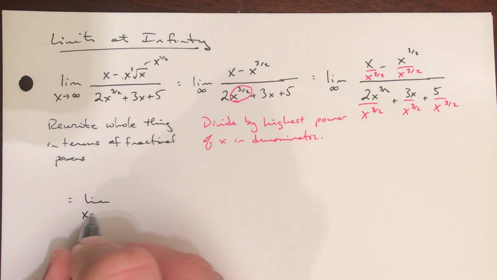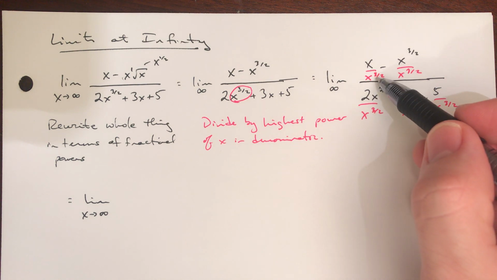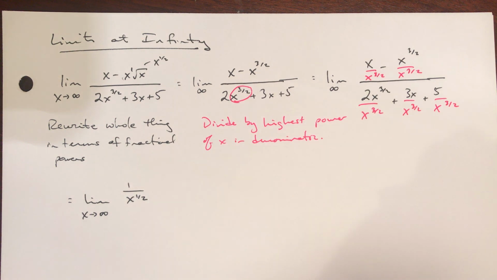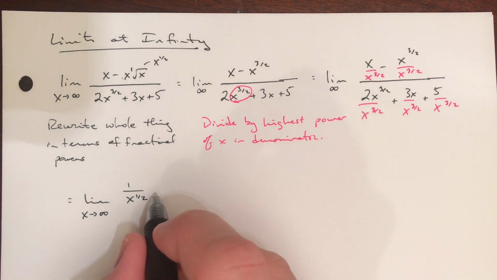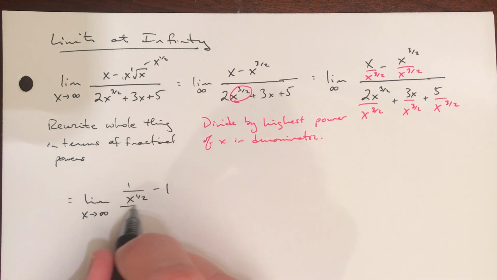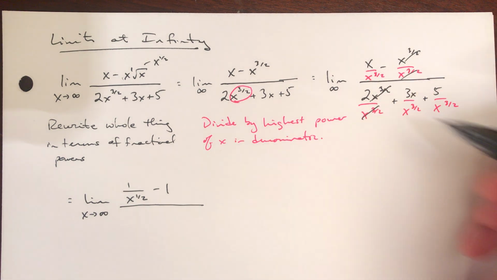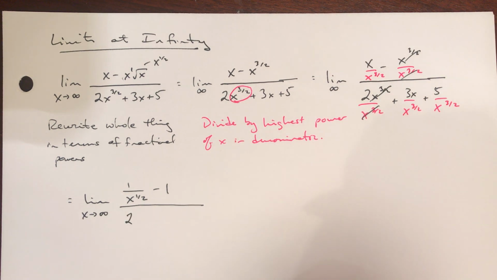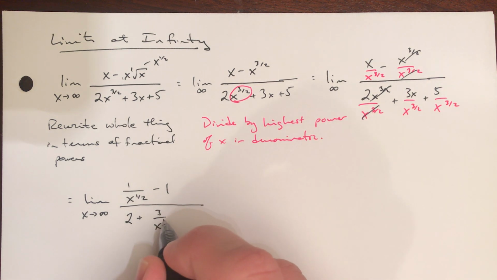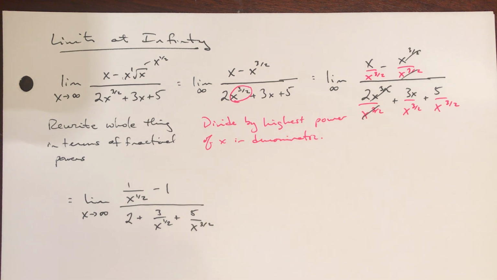So limit as x goes to infinity of, well, x to the first divided by x to the 3 halves is going to leave us with x to the 1/2 in the denominator. X to the 3 halves divided by x to the 3 halves is going to leave us 1. And all that's going to be divided by, cancel those guys, leaves us a 2. X to the first over x to the 3 halves, 3 over x to the 1/2, and 5 over x to the 3 halves power.